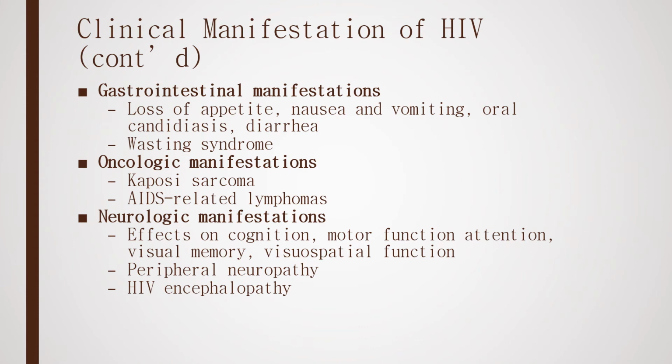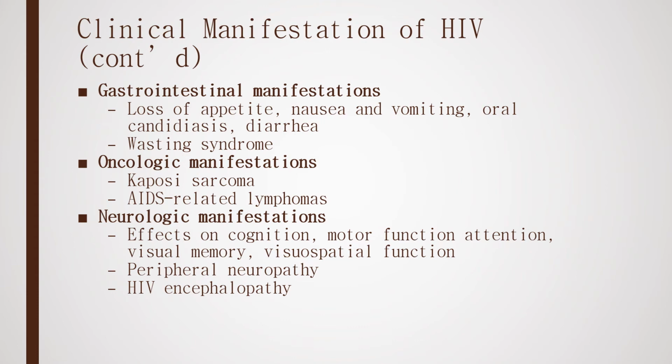Let's talk about AIDS-related lymphoma, which includes both Hodgkin lymphoma and non-Hodgkin lymphoma. Non-Hodgkin lymphoma is more common, and people think if it's non-Hodgkin, it's not serious, but this is serious. This is more serious than Hodgkin lymphoma.